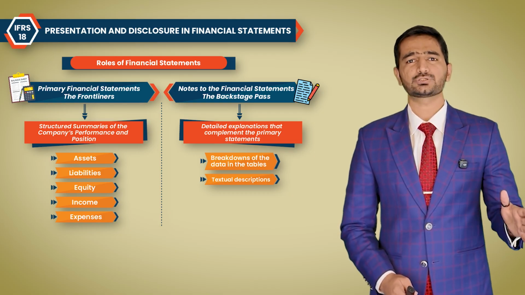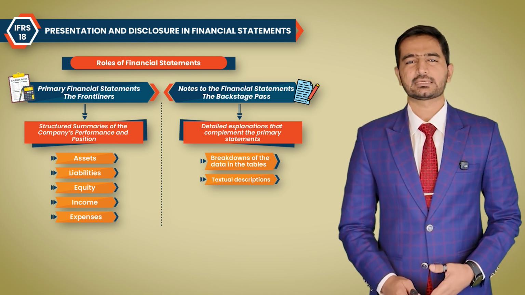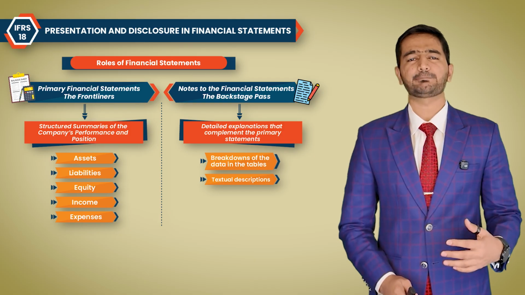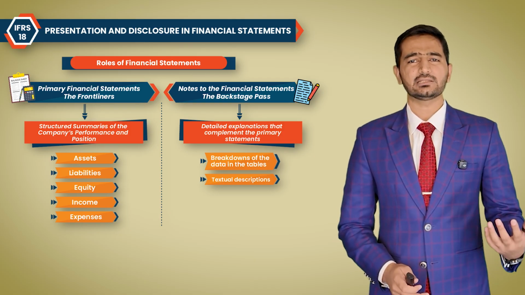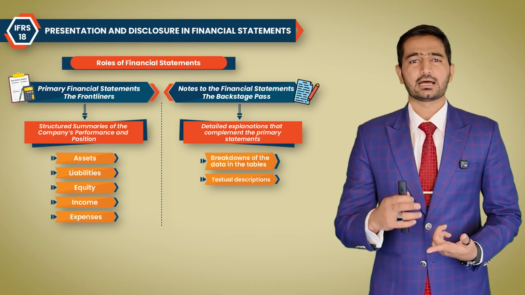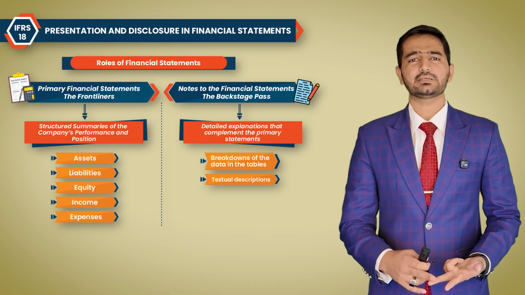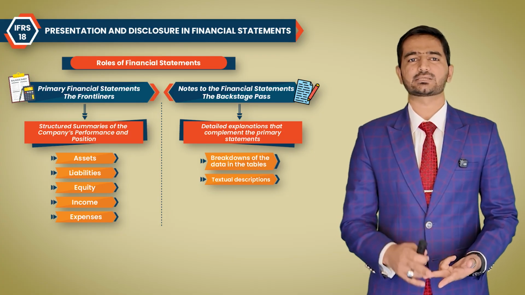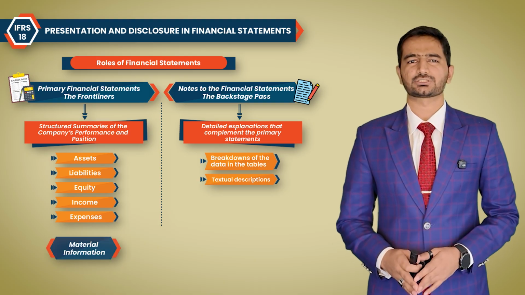Yes, they are usually at the back, but they are like the detailed commentary. They explain everything that happened in the financial performance. The notes provide material information needed to understand what's in the primary statement and add extra detail that could not fit in the summary. But wait, what do we mean by material information?